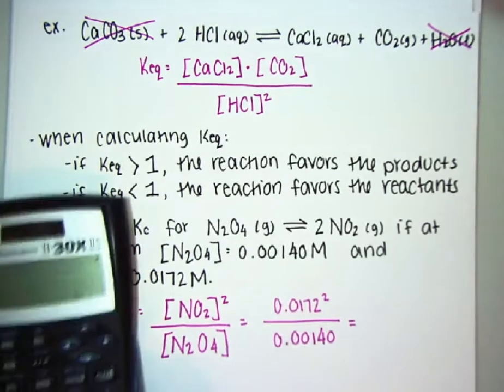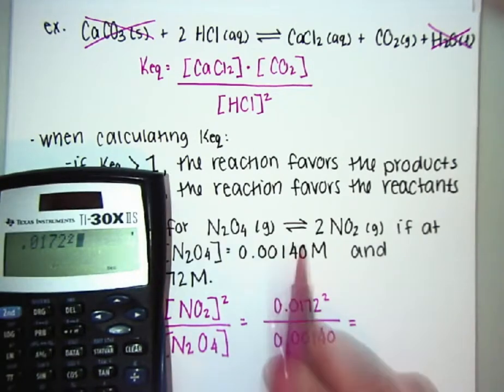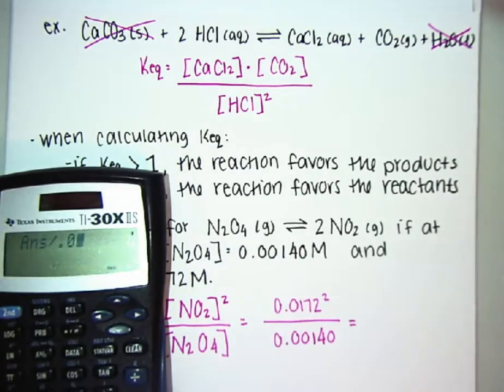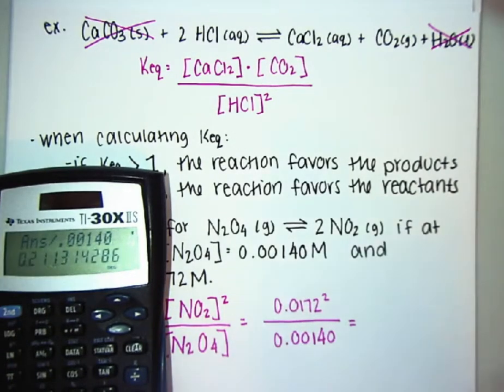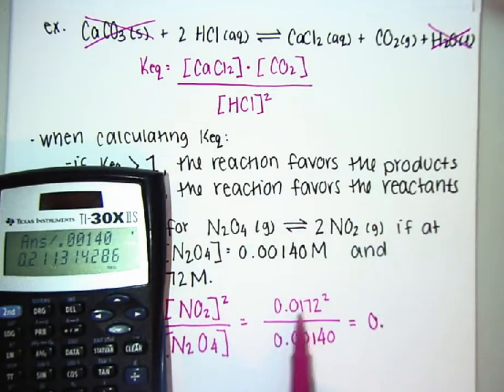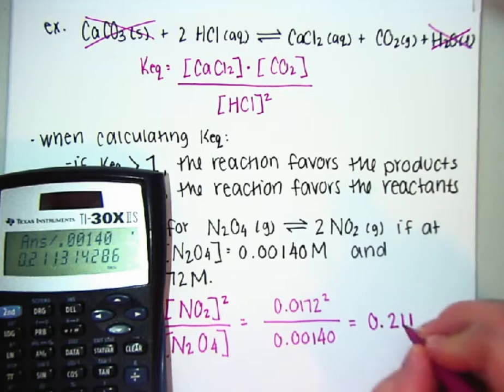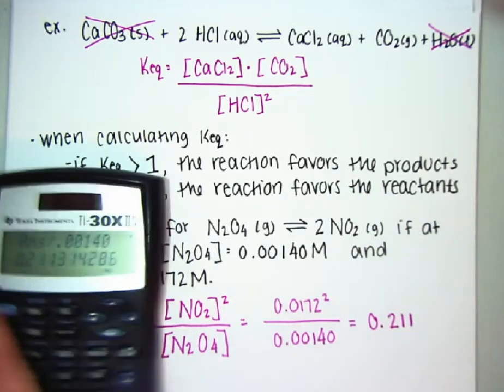All right, so I'm going to take my concentration of the products. It's going to be squared, since it has a coefficient of 2, over reactants. We also want to think about significant figures. 1, 2, 3 significant figures, 1, 2, 3 significant figures. My answer would have 3 significant figures.